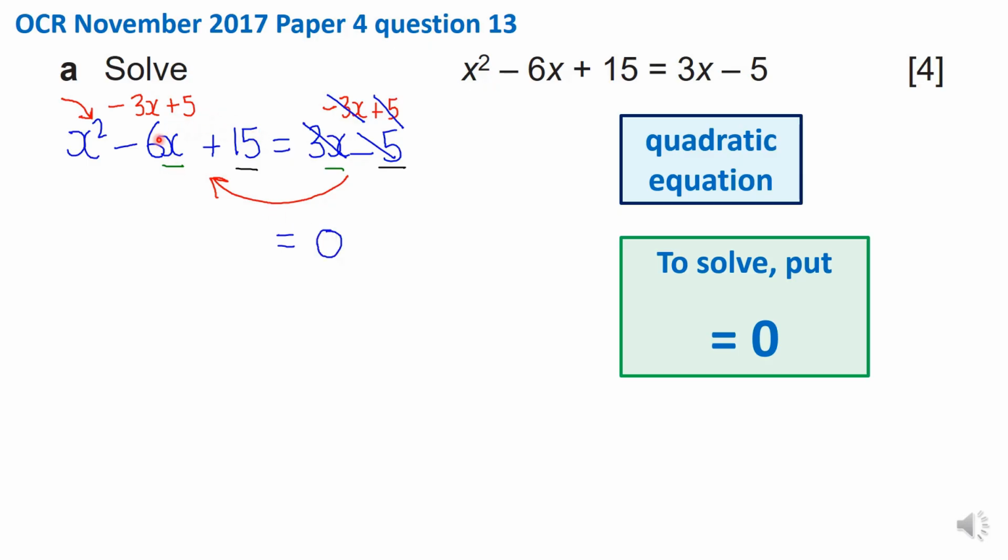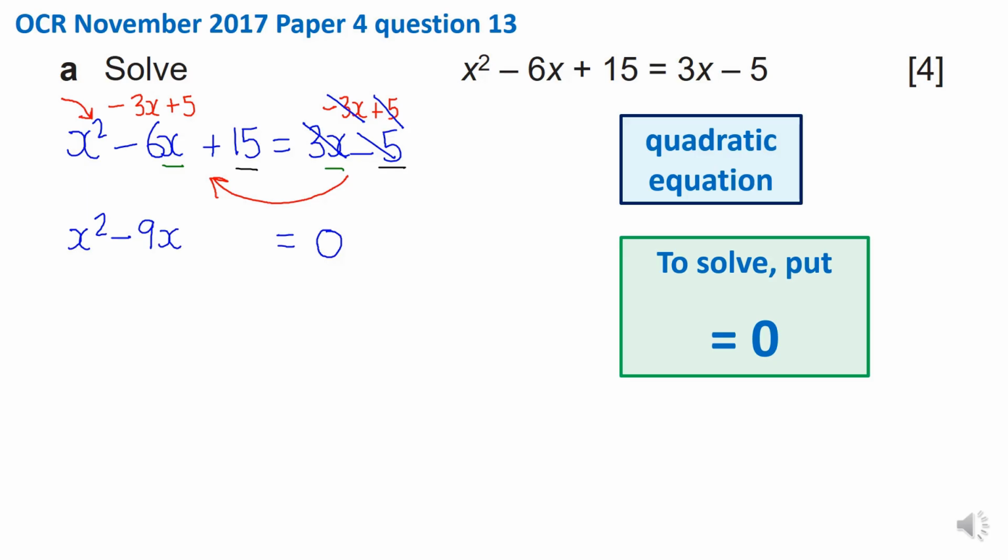On the left hand side, the x squared term is by itself, so we can just write x squared. Then it's minus 6x minus 3x, which gives us minus 9x.